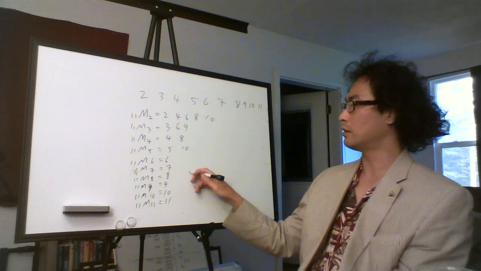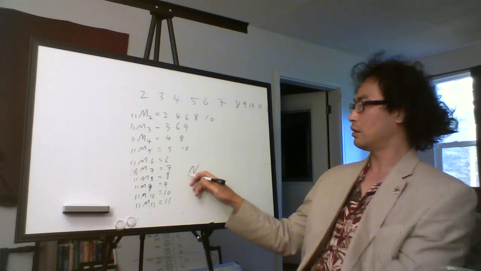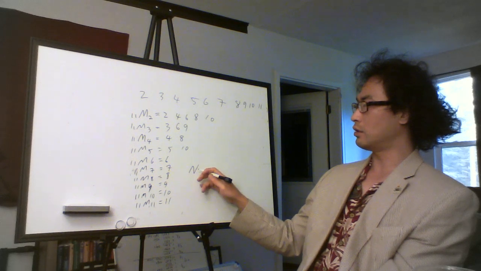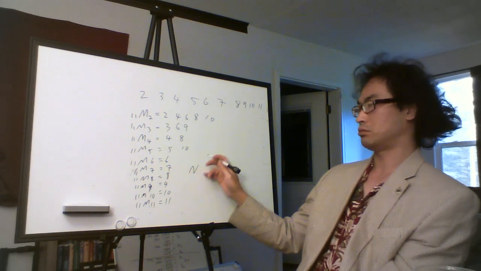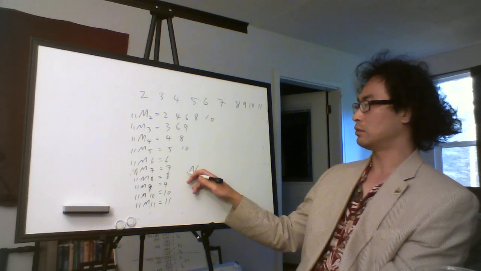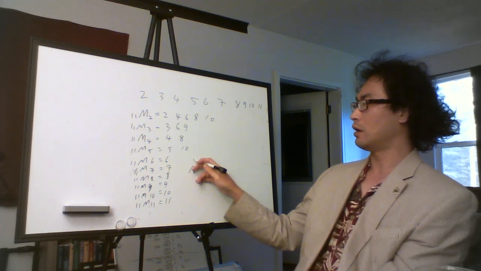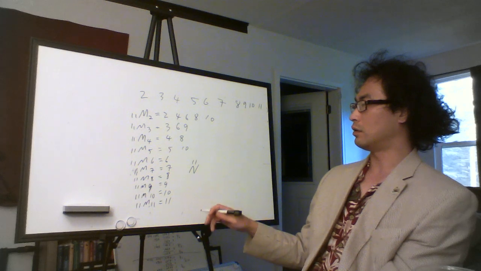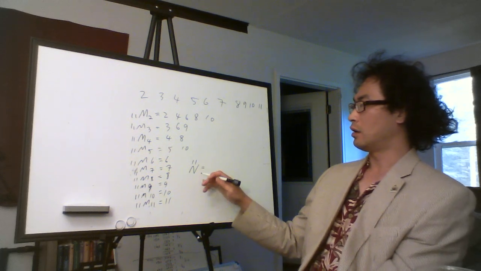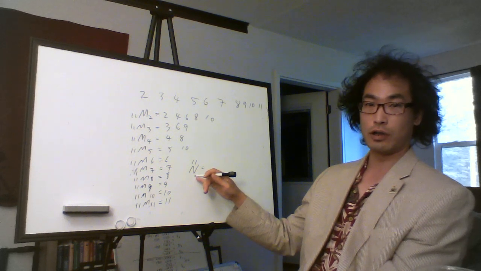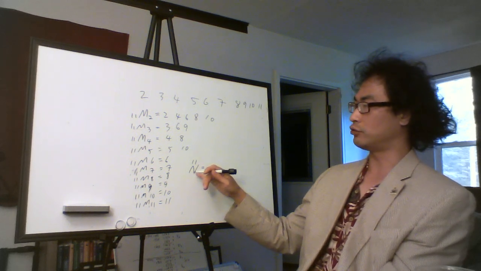Set an integer. Let's say 2 to 11, we'll just call it 11. The set of natural numbers ranging from 2 to 11, okay?